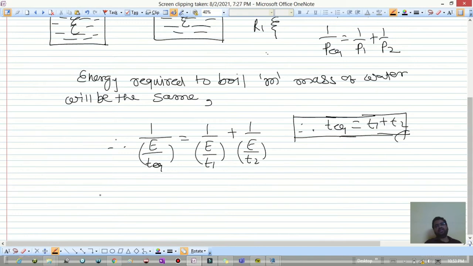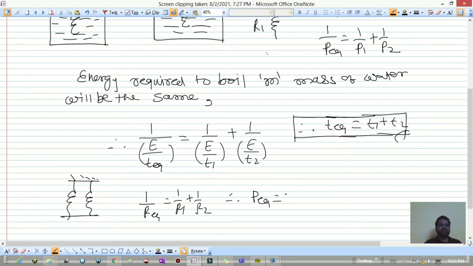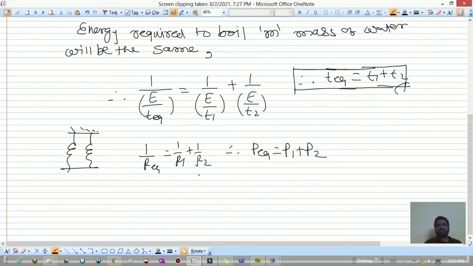Now if they are connected in parallel, then we know that 1 by R equivalent is equal to 1 by R1 plus 1 by R2. Therefore power equivalent we have is P1 plus P2, and we know that energy will be the same to boil the same m mass of water.